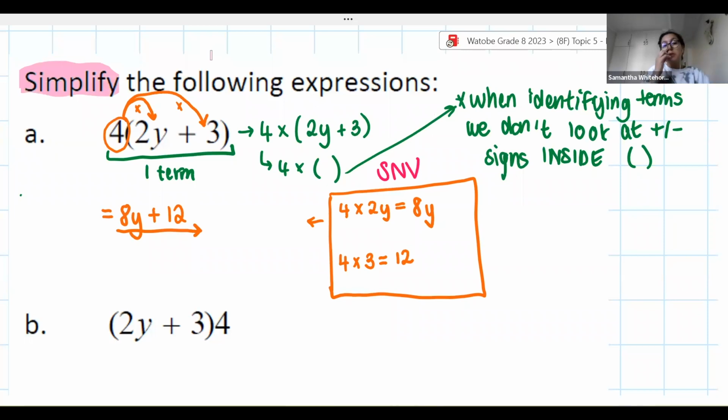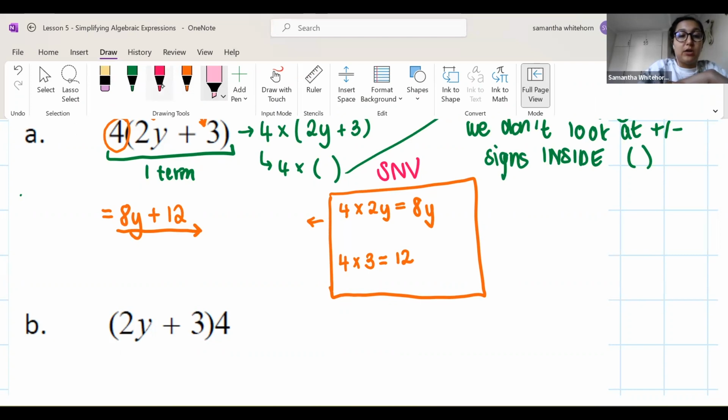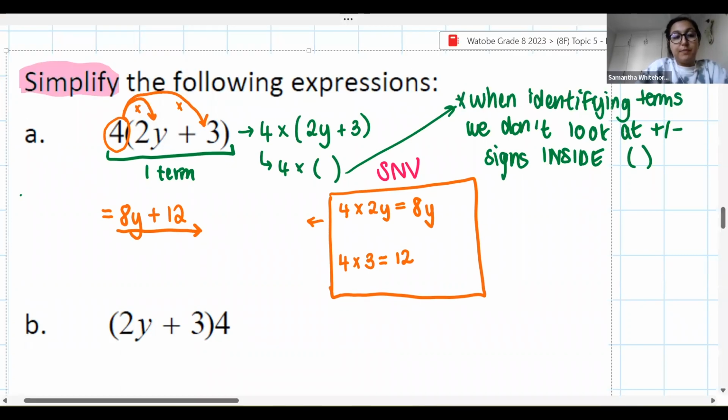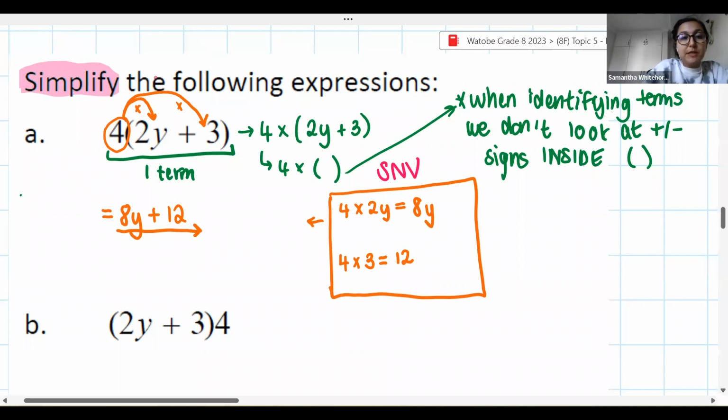So sometimes we need to be able to distribute, or multiply a number in front of, or even like in question B, behind the bracket, in order to get our products before we continue. So what I want you guys to try is question B. Just because this 4 is sitting at the back of our bracket, it doesn't change the meaning.